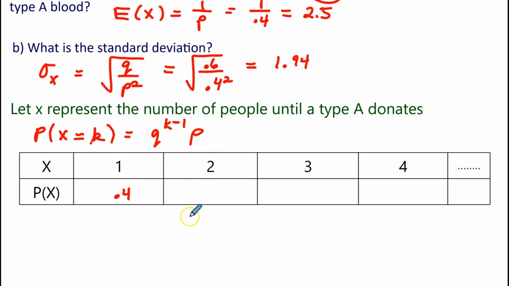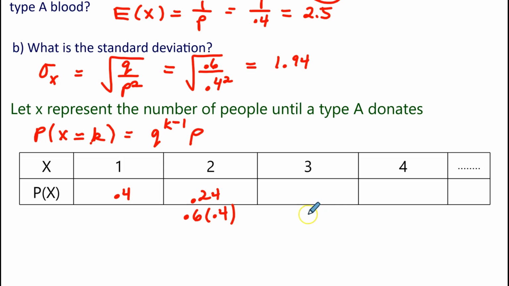Now let's look at example 2. We're expecting one person who wasn't type A, so that would be 0.6, times the person with type A. Let me write it down here instead. That would be 0.4, and if I multiply that out, I would get 0.24.